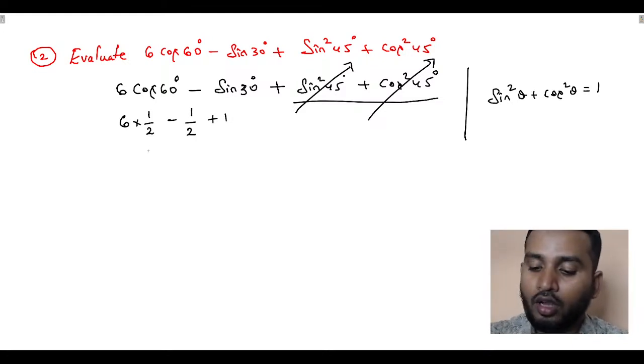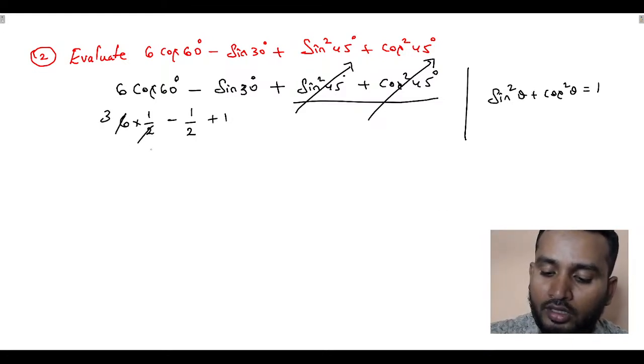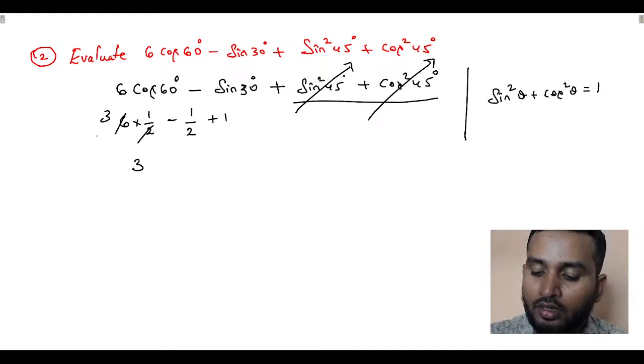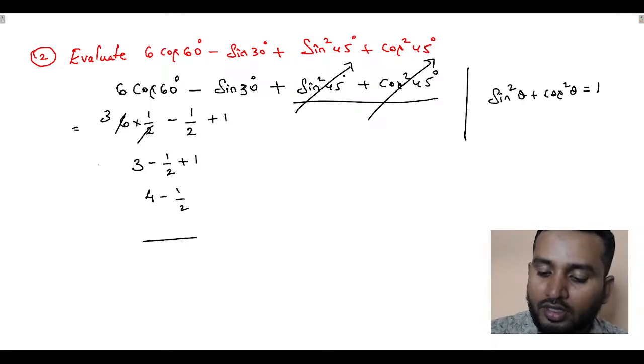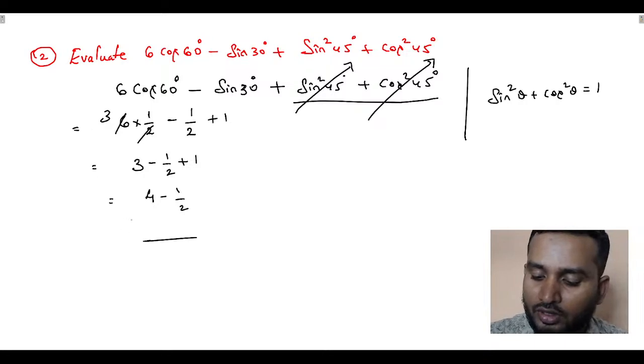Got it? Now, 2 1s are 2, 3 1s are 3, right. Next, minus 1 by 2, then plus 1. 3 plus 1 is 4, minus 1 by 2. So, you can just write is equal to, this is the RHS.